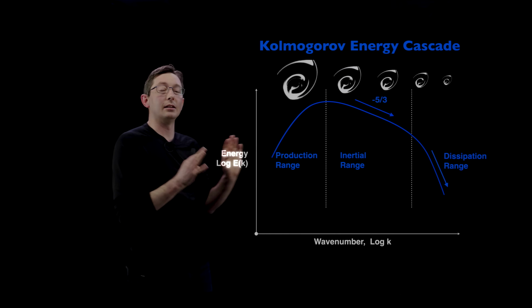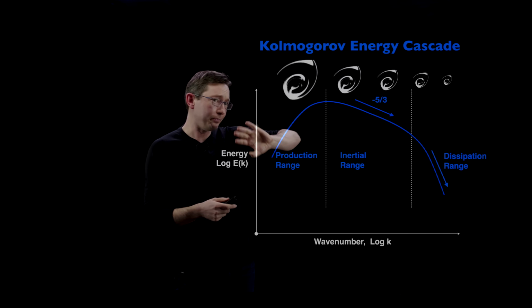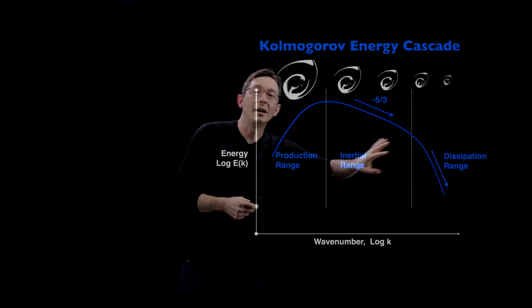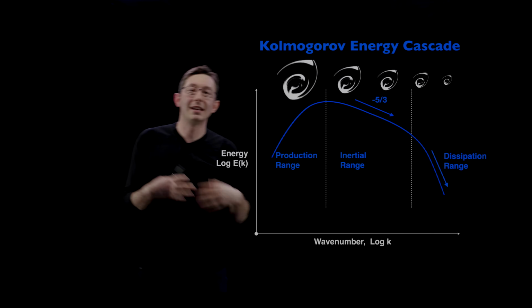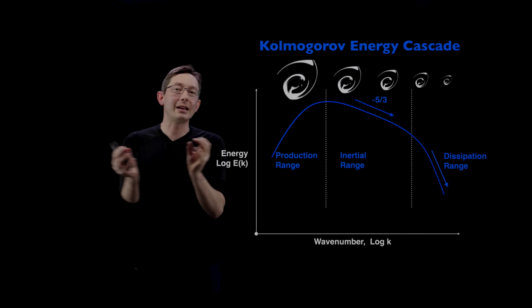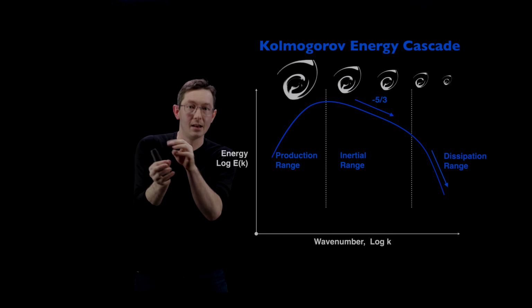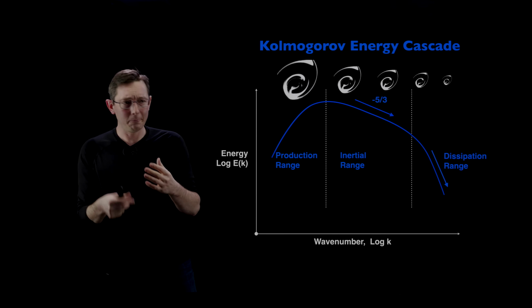Now we're going to jump into some specific examples. And again, this idea of being able to throw away the small scales: those really fast turbulent fluctuations typically happen on small spatial scales. They're really small vortices that are interacting.